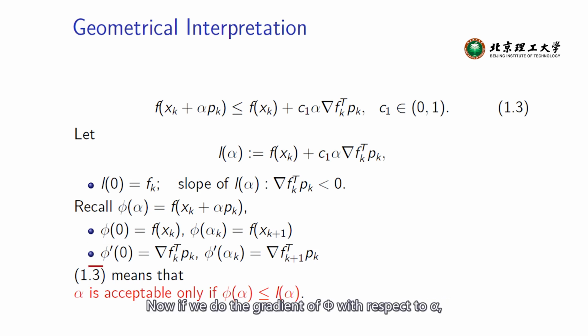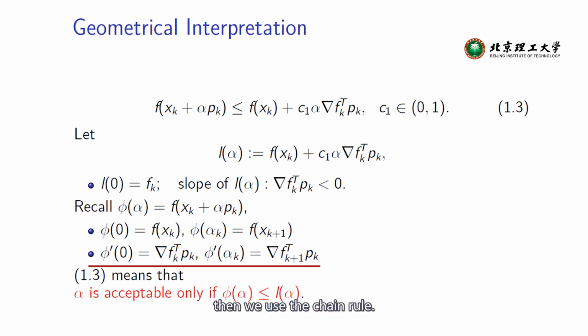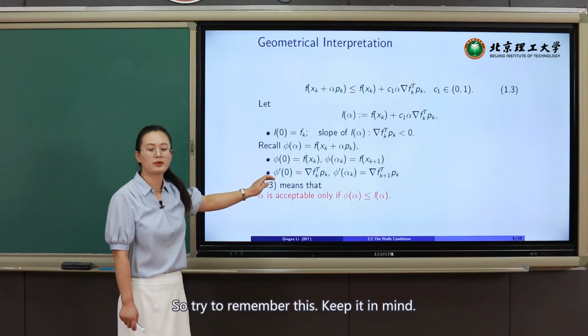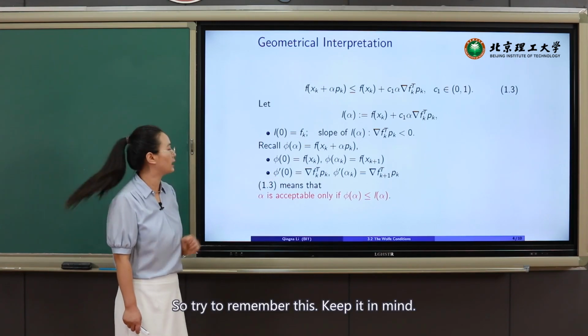Now, if we take the gradient of phi with respect to alpha, using the chain rule, we get that phi prime at 0 takes this value, which is exactly the gradient of f transpose pk. So this term is the tangent of the function phi at 0. Try to remember this, keep it in mind.